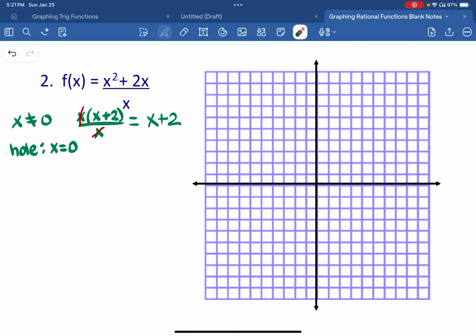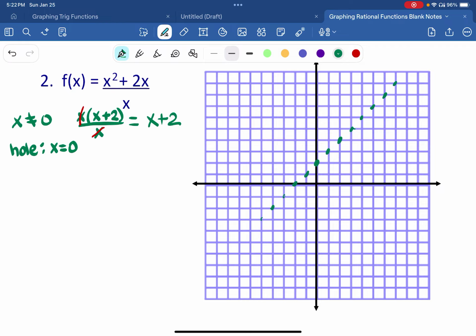So here's what I do. I go through and I say, okay, the y-intercept of this is 2, the slope is 1. So I'm going to go to 2, and I'm going to plot that point, and I'm going to graph my slope as 1. I'm going to go up 1 over 1, up 1 over 1, graph that slope. And I'll go down 1, left 1, down 1, left 1.